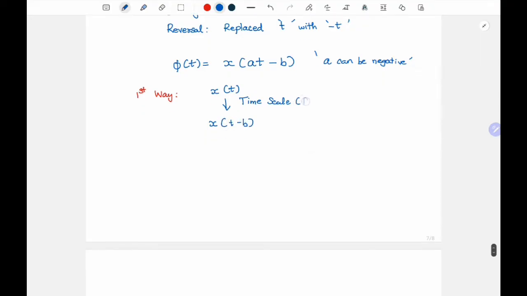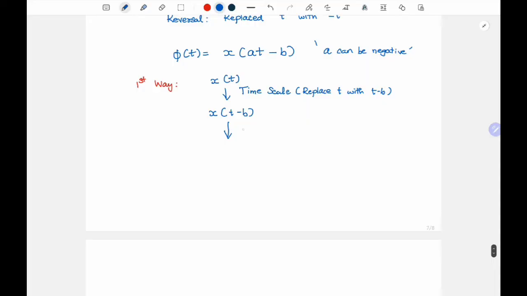So this is time shifting. And then I will do the time scaling. Okay. So now replace t with at. So I will have x of at minus b.